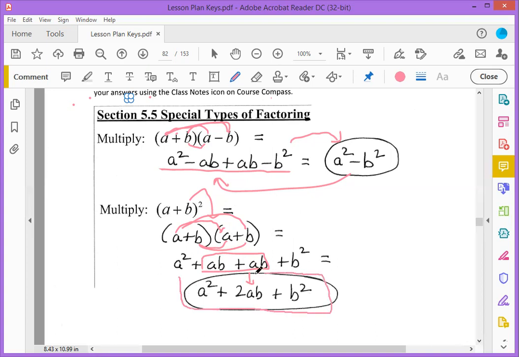We carry down our a squared in front and our b squared behind, and we get a squared plus 2ab plus b squared. I skipped this part in the previous example: the ab and the minus ab cancel each other out, and that's how we're left with a squared minus b squared.